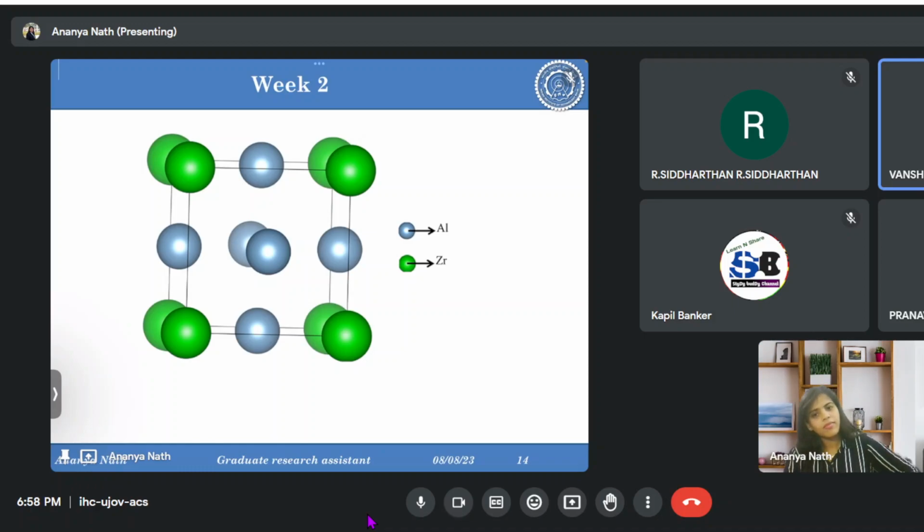I'm just guessing. So what is short range ordering? What did you understand? Basically, what I understood was that for a small particular area, there is a repetition of atoms in a particular fashion. There isn't clustering, it's more like there's no particular order seen. Okay. So if there are two atoms, aluminium and zirconium, and there are more bonds where only green atoms are present, it will be called clustering.